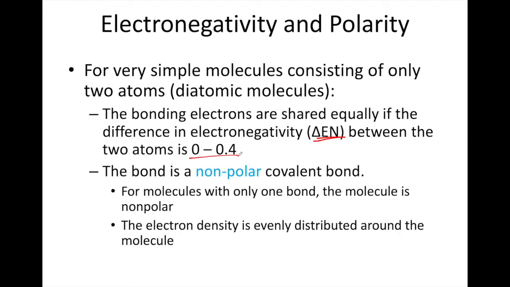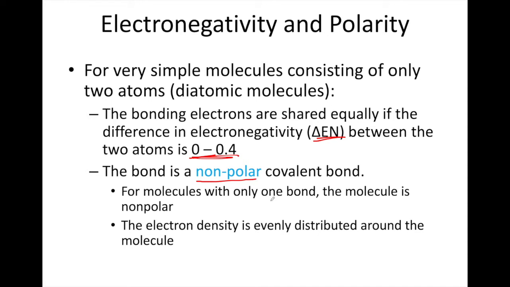If two atoms are bonded together with an electronegativity difference of 0 to 0.4, we say the bond holding them together is a nonpolar covalent bond. Those electrons are not being pulled significantly towards one atom or the other, but are shared equally.